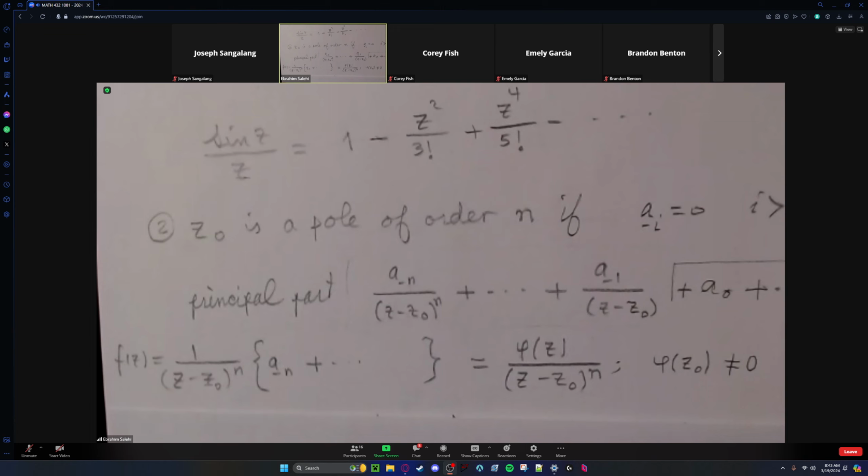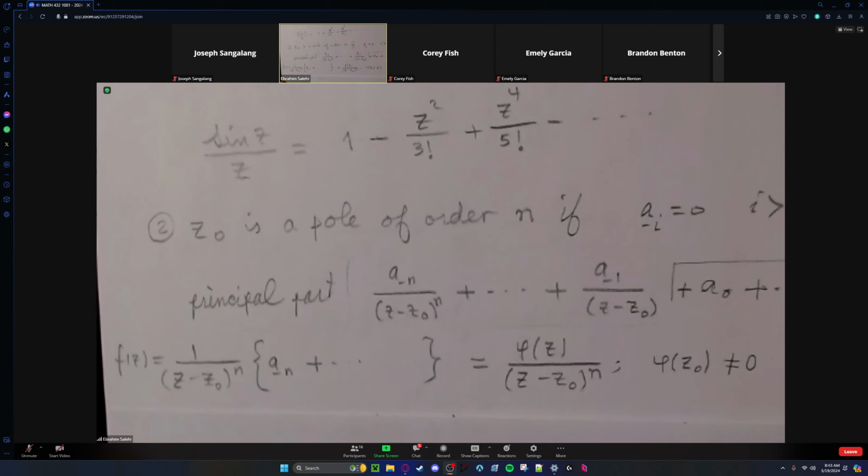Anyway, the characterization of pole of order n is that if you factor the largest denominator, right, here, everything that we have in this curly bracket is analytic.